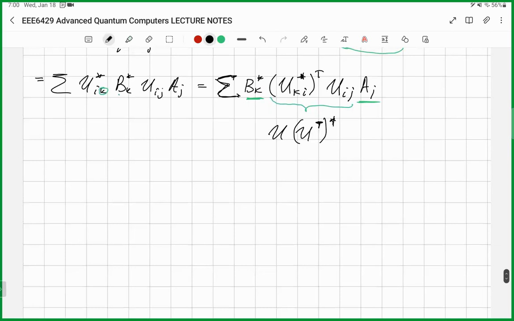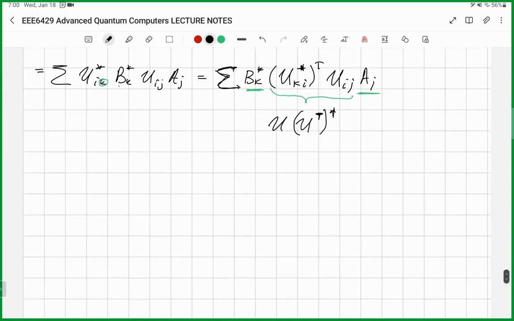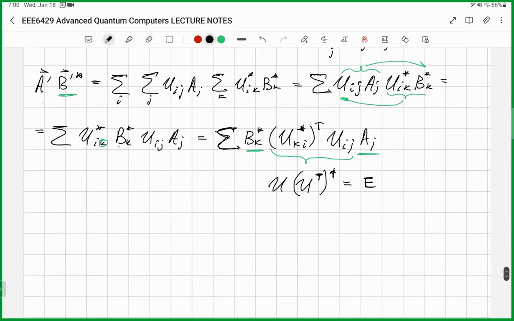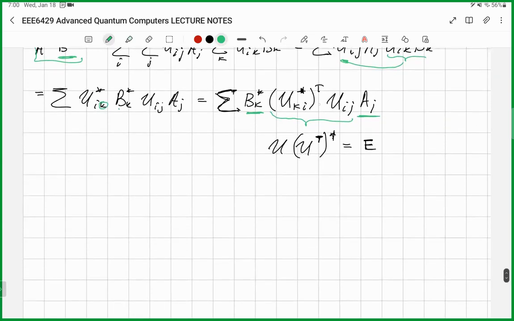And I noticed that if this product of the matrix times the Hermitian conjugated matrix is equal to the identity matrix, then the initial scalar product A times B will be simply equal to the product of B times A, which is the same.